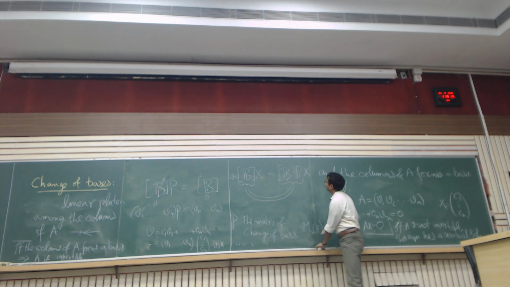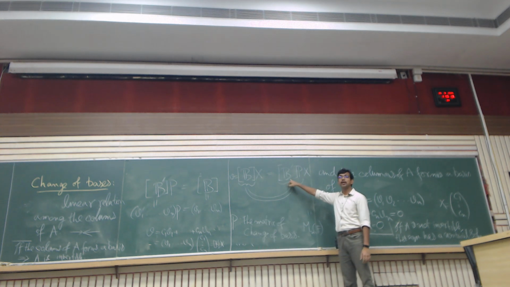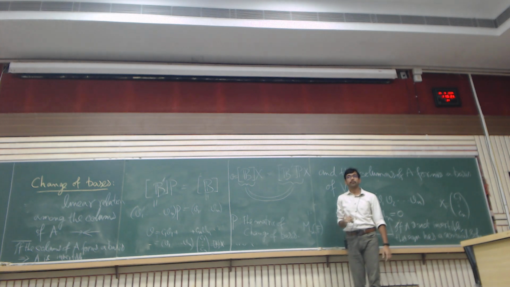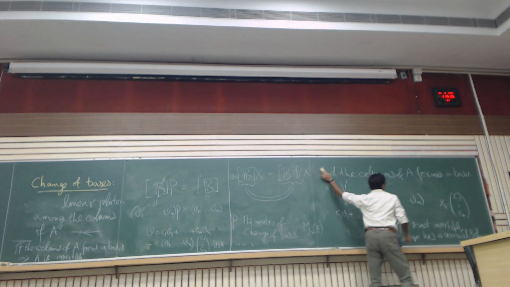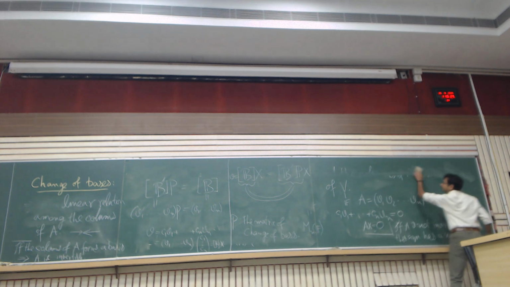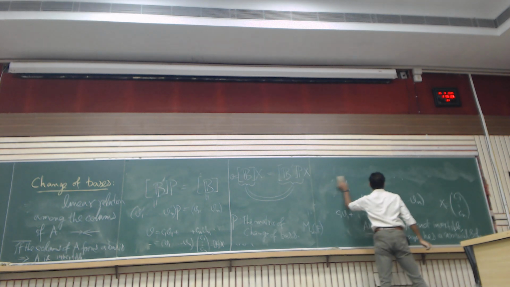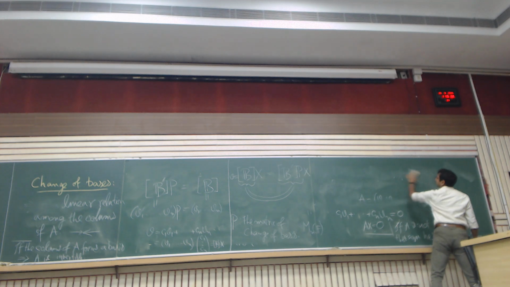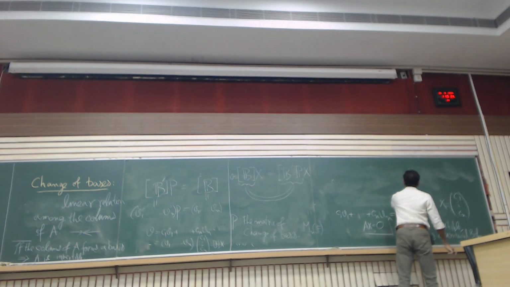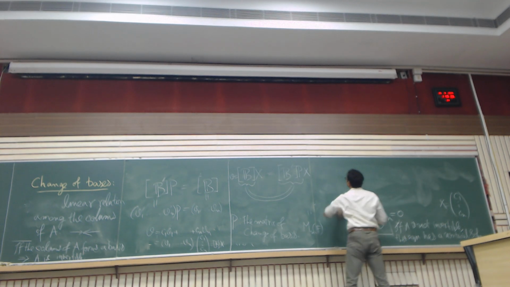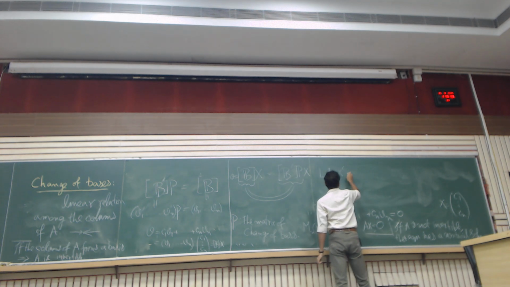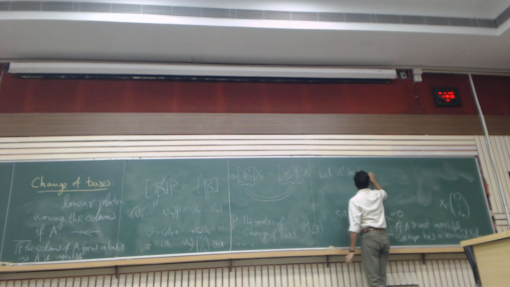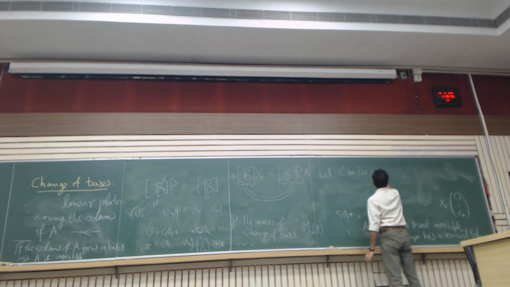So now, with respect to V dash, what is the coordinate vector of v? Very good. So if we denote by x dash, let x dash be the new coordinate vector.